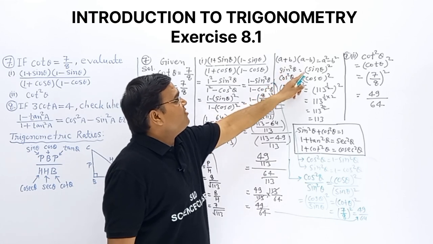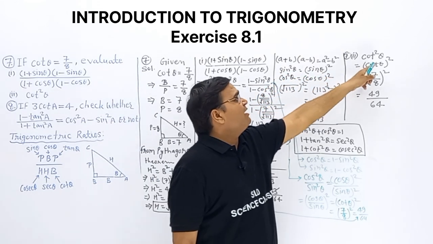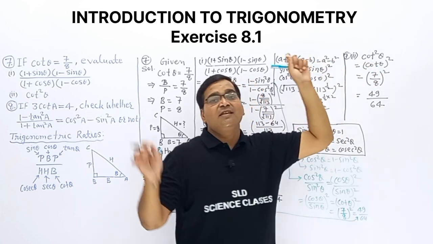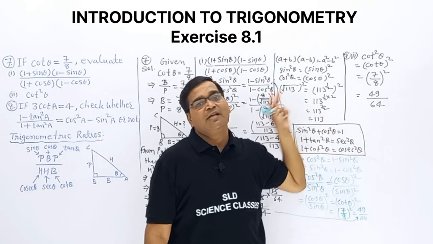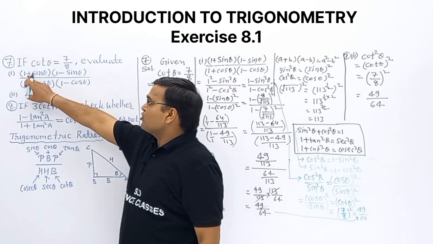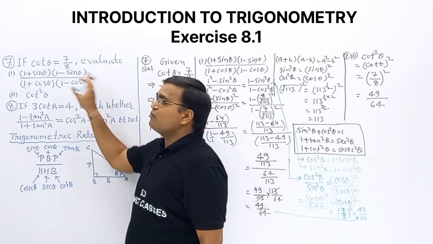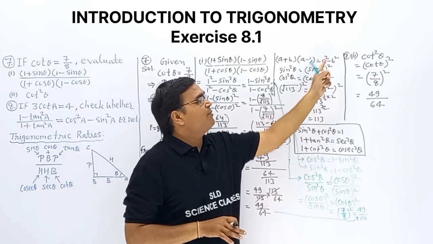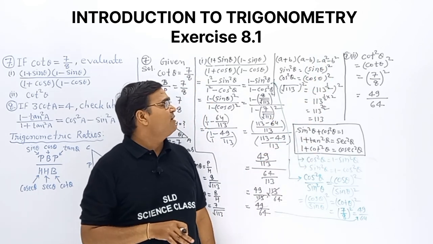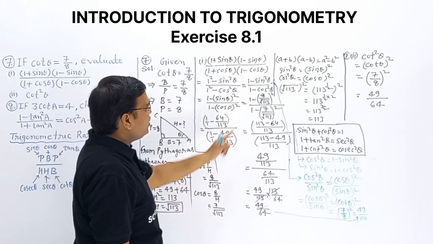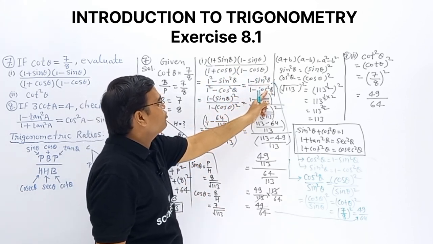Sin square theta is sin theta whole square, so cot square theta can be written as cot theta whole square, and the value of cot theta is given in the question. We will put it there and solve, then we get the answer. In the first one, we have a plus b into a minus b form, so we will use the algebraic identity a plus b into a minus b is a square minus b square. Then this can be written as 1 minus sin square theta upon 1 minus cos square theta.